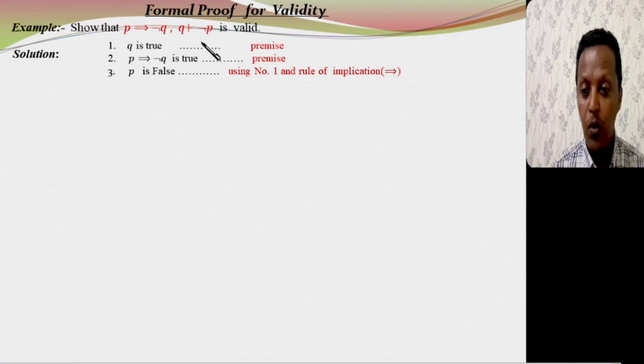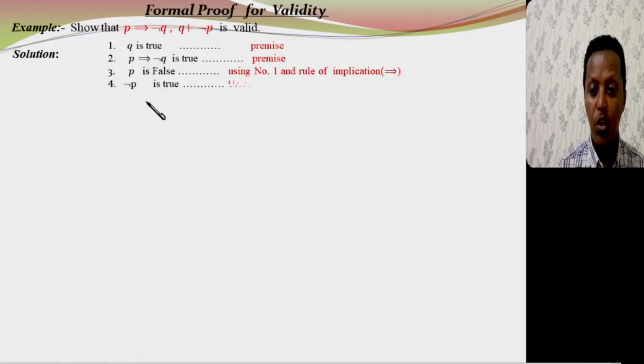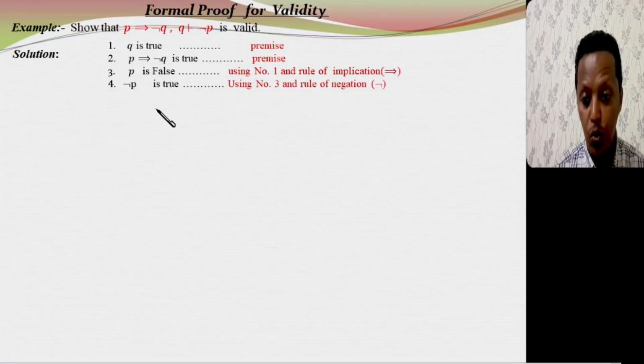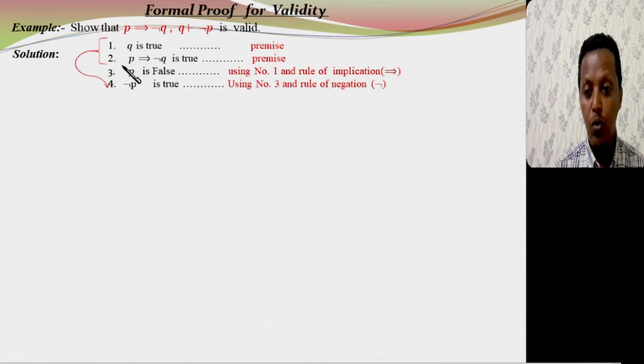So if P is false, our conclusion, negation P, is true. That means the conclusion negation P is true whenever the premises are true. So this will prove that the given argument is a valid argument. Let's take another.